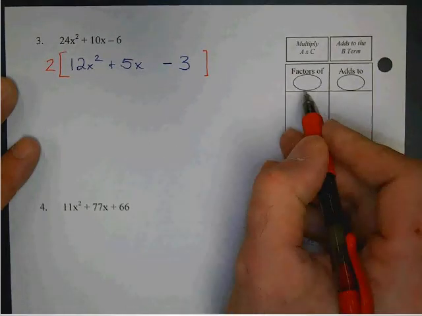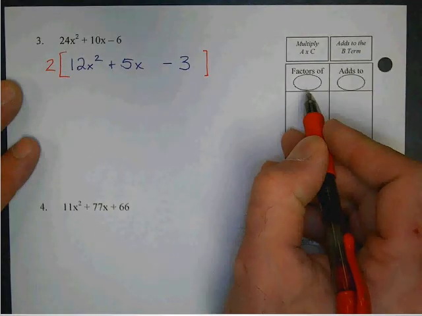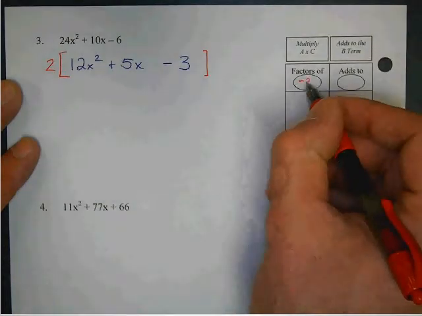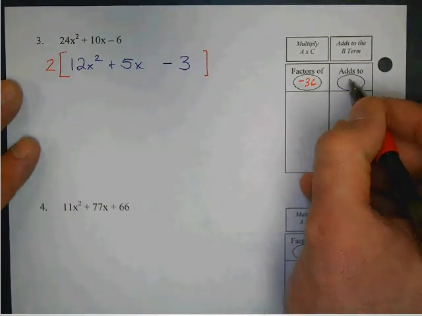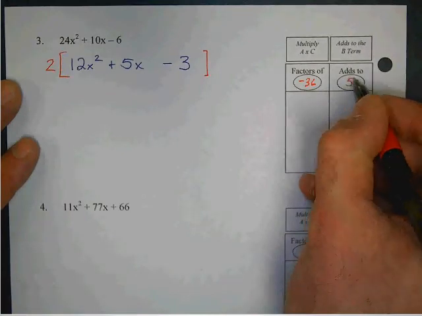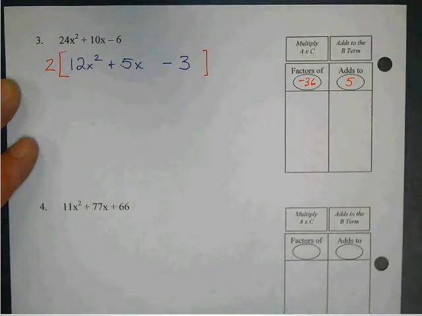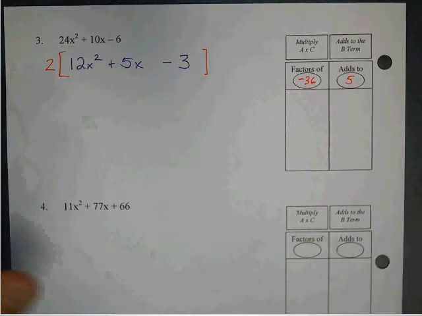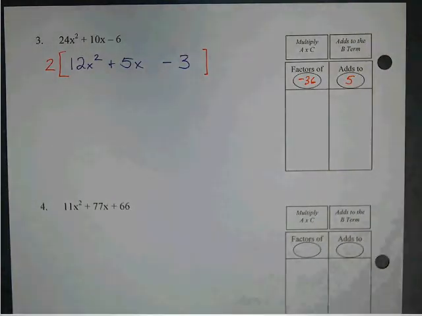All right. First circle. What goes in the first circle? Negative 36. Second circle? Positive 5. All right. When I write down my factors of negative 36, what do I need to key on and remember? One positive, one negative. All right.